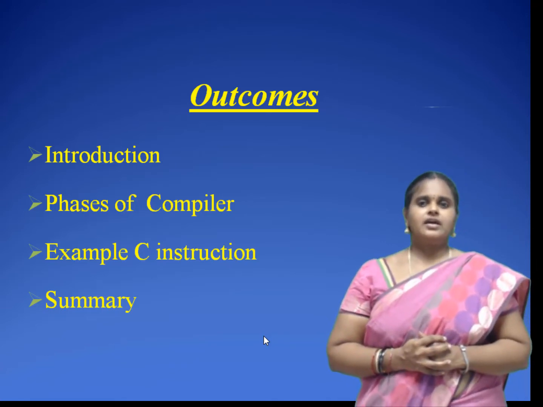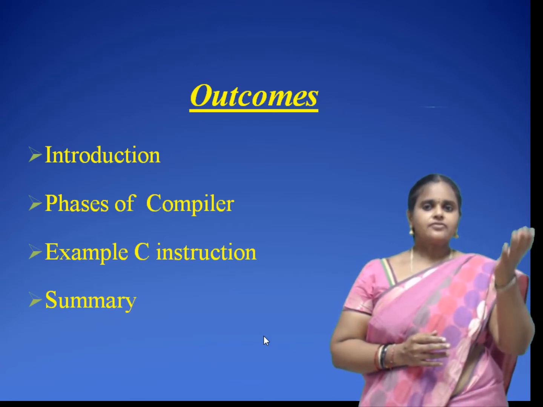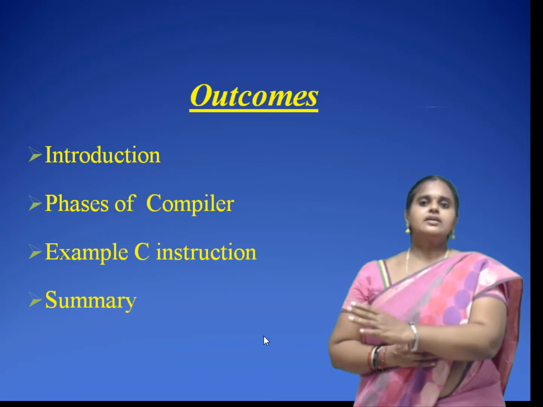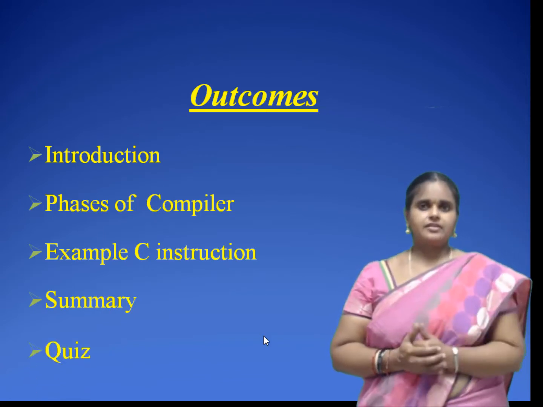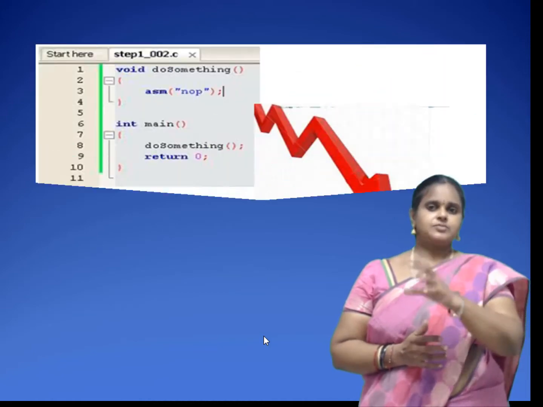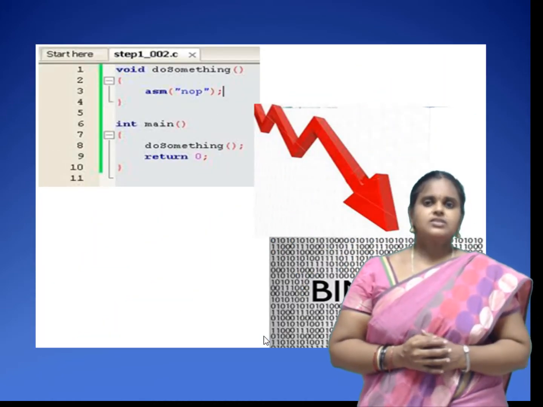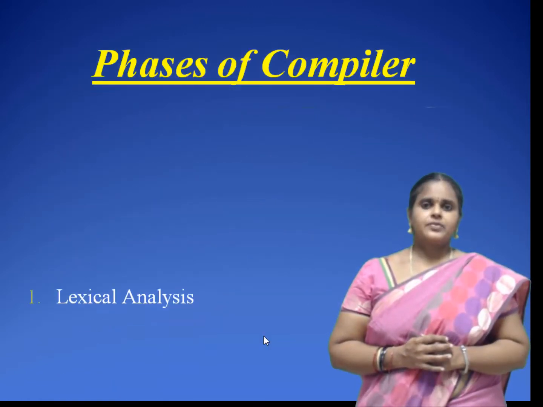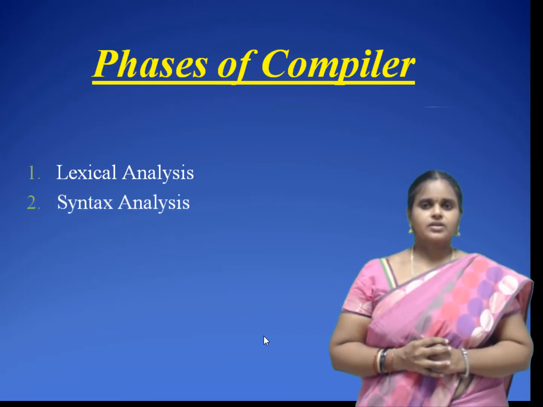While translating from the source program into the target program, many smaller steps are involved. These steps you can call phases. So totally 7 phases are there in compiler design. The compiler consists of 7 phases totally.